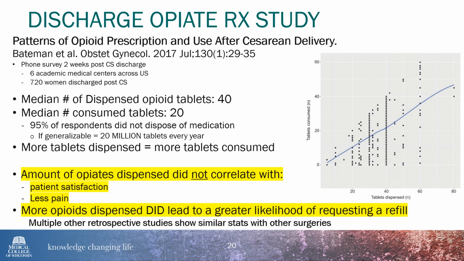Patients that are prescribed less have less in their home, and they have less of a risk of dependence. That also tells me that we're prescribing way too many tablets. There's millions of tablets out there from not just C-sections, but all sorts of surgeries, that just sit in people's homes and often get diverted and often end up fueling people's opioid use disorder in the future.